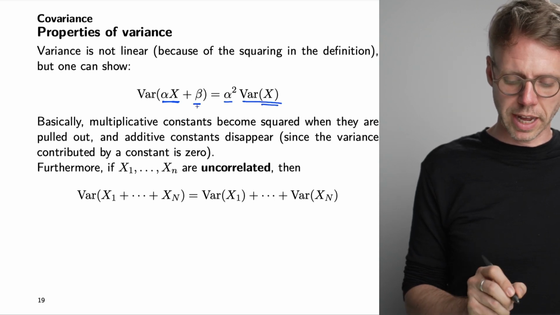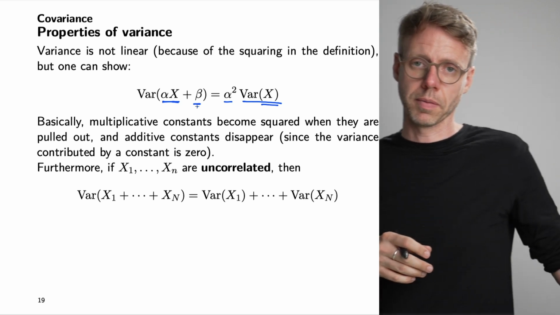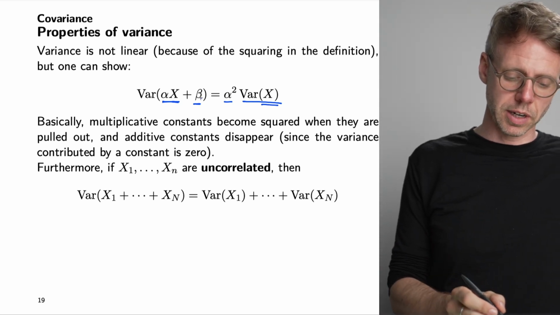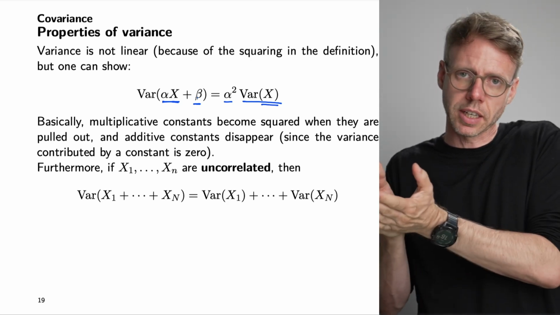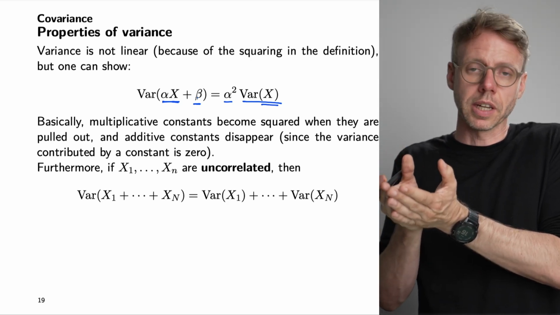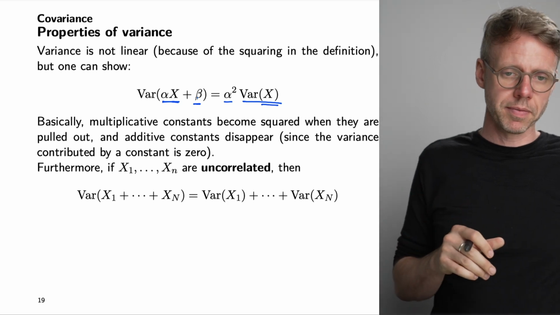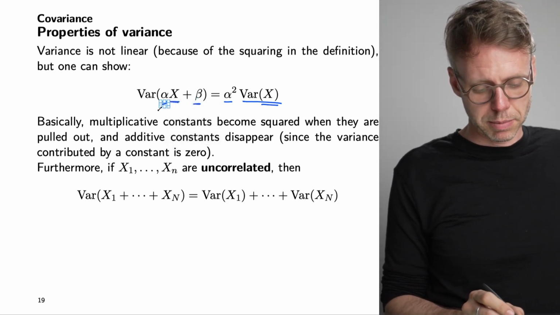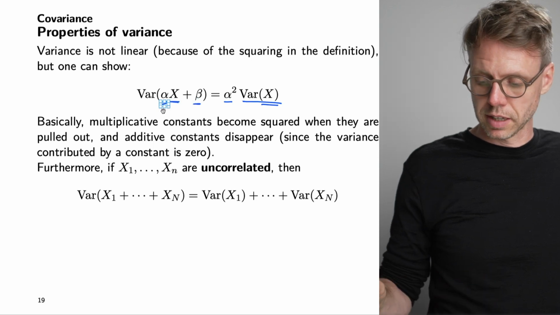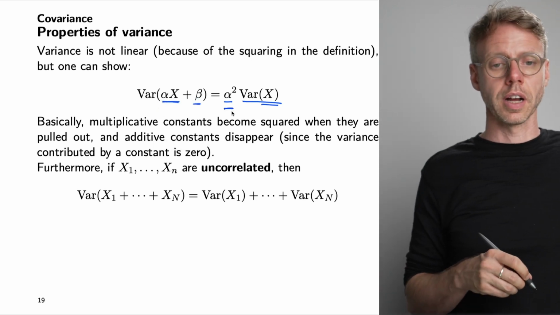So beta goes away. Well, we will see why that is the case. That's related to this adding of beta, just shifting the values and also the expected values by beta. And this scalar multiplication here will be a square of alpha.